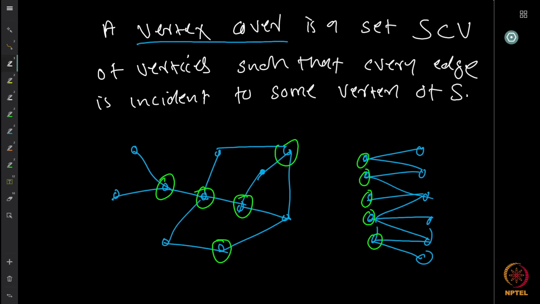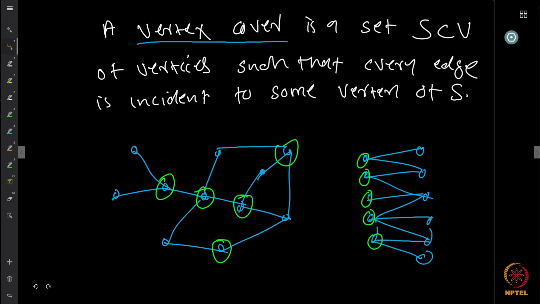You cover all the edges of the graph by the vertices, which means that if you remove this subset of vertices, then all the edges in the graph are destroyed. Other vertices will be there, but there won't be any edge. So every edge must be incident to one of these vertices, and such a subset is called a vertex cover. Here is a graph and its vertex cover.